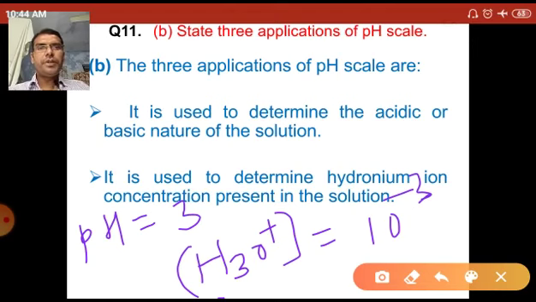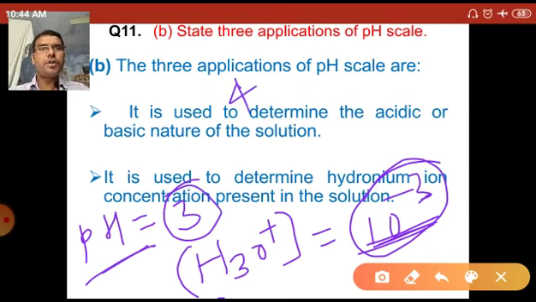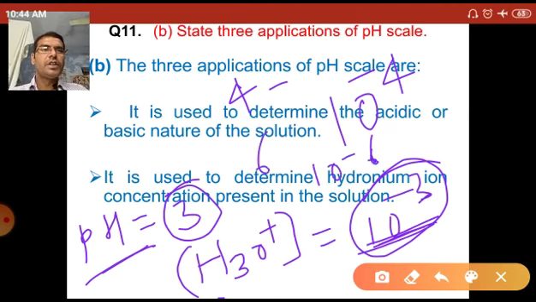So the pH value is used to determine the hydronium ion concentration present in the solution. We can easily calculate it. If the pH value is 3, you use 10 to the power minus 3. If the pH value is 4, then 10 to the power minus 4. If the pH value is 6, 10 to the power minus 6. So we can easily calculate the hydronium ion concentration if we know the value of pH.